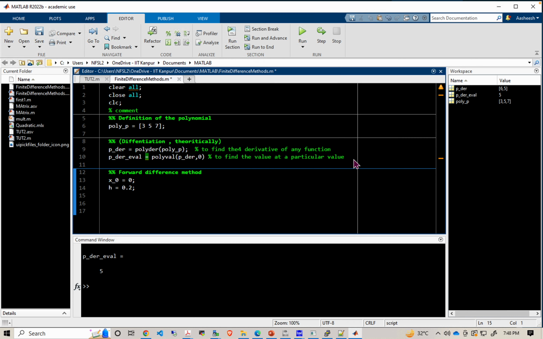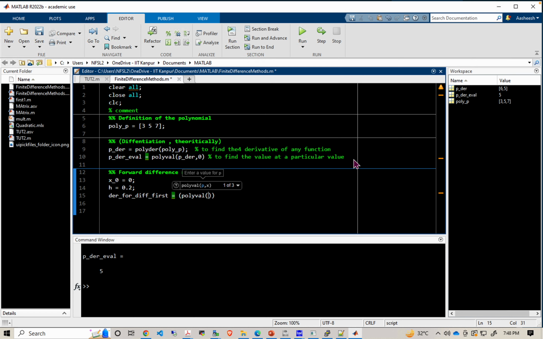Okay, now comes the derivative. Now we need to calculate the derivative for the first approximation of the derivative, and all three we will calculate as the first approximation. So here, how will you calculate: we need to use polyval at different points, like the value of f at x plus h minus the value of f at x, divided by h.